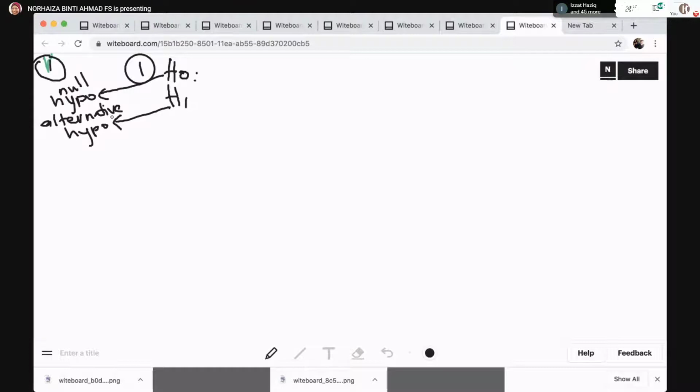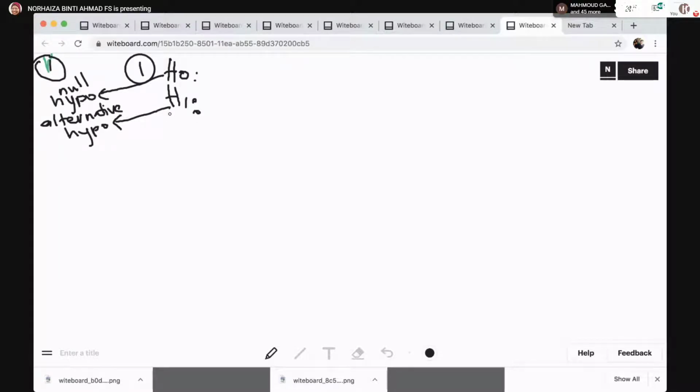Note that both of them are hypotheses. Here we would like to set what it is that we want to test. But in order to do that, we need to define these two hypotheses. Now, what's the difference between null and alternative? Null and alternative are the opposite of each other.